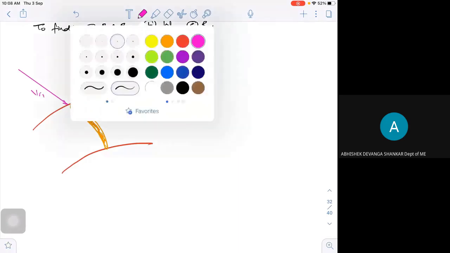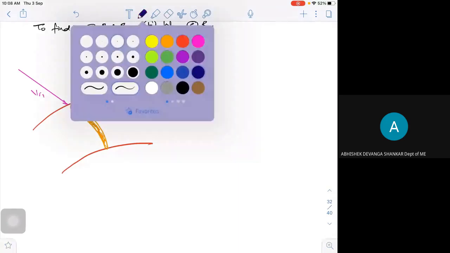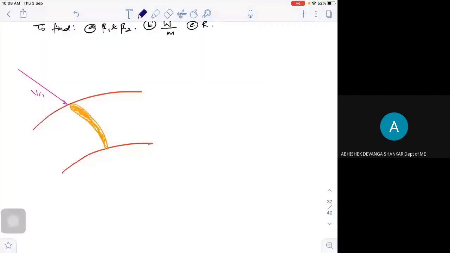Then draw a tangent. Look at this: your U is always in the direction of the tangent. If you draw the tangent at any given point on the blade, that is your tangent.